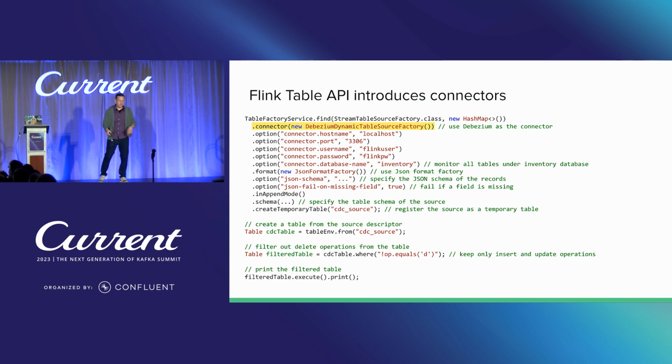I'm using the Debezium Flink connector here, which by itself is interesting because Debezium is based on Kafka Connect, but people have taken that Kafka Connect connector and embedded it inside of a Flink connector. So you can now run Debezium inside of a Flink job without a Connect cluster and Connect configuration and all that.